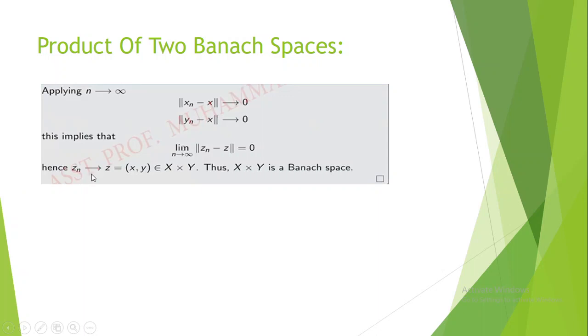So this implies that the sequence zn has a limit, the ordered pair (x, y), which belongs to the Cartesian product of these two norm spaces. Thus, we are done: the Cartesian product of two norm spaces is also complete, meaning it's a Banach space.